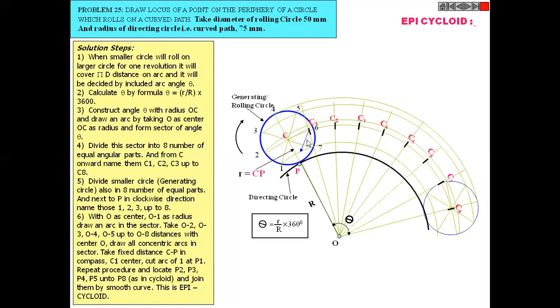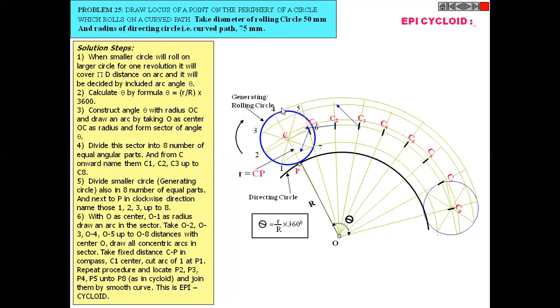So this distance is 25 mm. Then again C2 is a center, mark one arc on point number 2. Same way, the arc generated from point 3 is here. So the center is C3, distance 25 mm, then find the position P3.